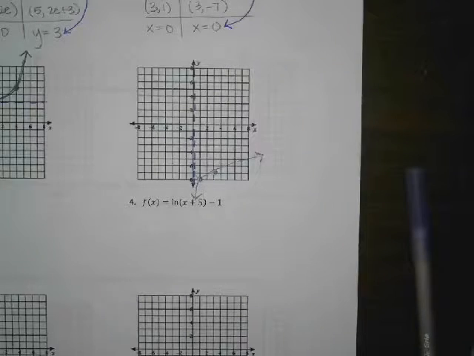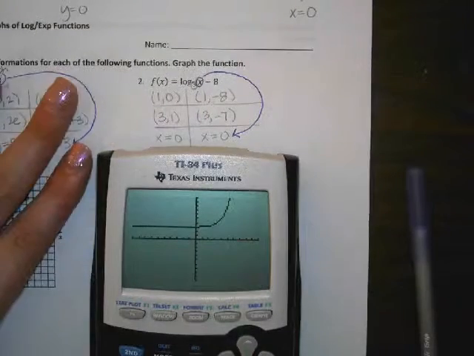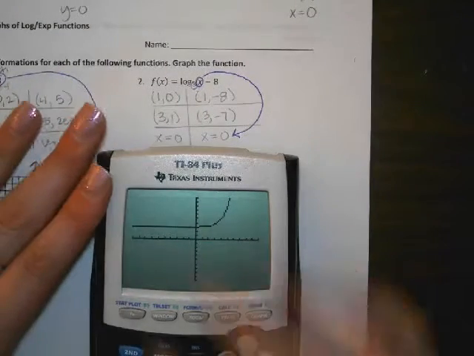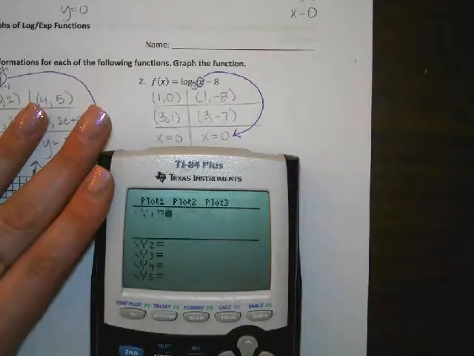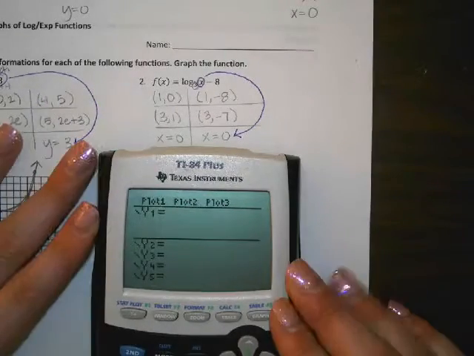So this next part, I want every single person to have their calculator out because people do have a hard time graphing these. First, we're going to see if your calculator has the same operating system. If you're using a school calculator, these are definitely okay. But those of you who have your own calculator, we just want to make sure it's updated.